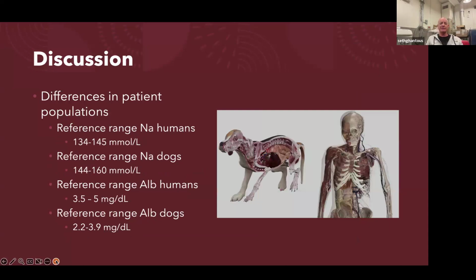There were theories that the difference in patient populations could have resulted in that gradient difference to maintain isonatricity, because as we see here, the reference range for sodium in humans is lower than it is for dogs, and albumin too. Humans seem to have a higher albumin reference range than our dogs do.